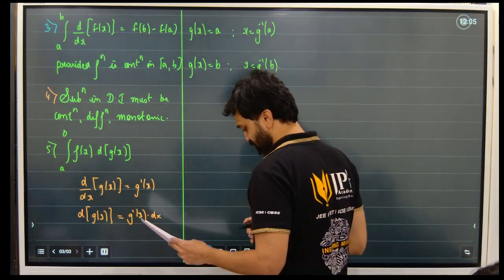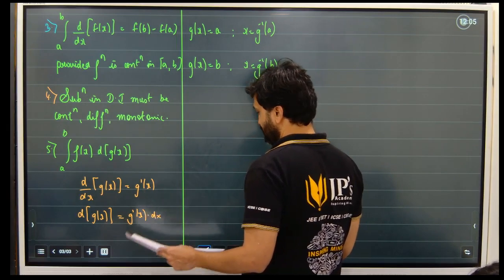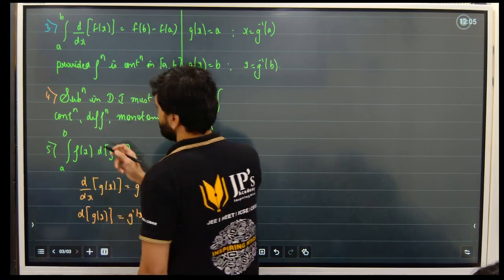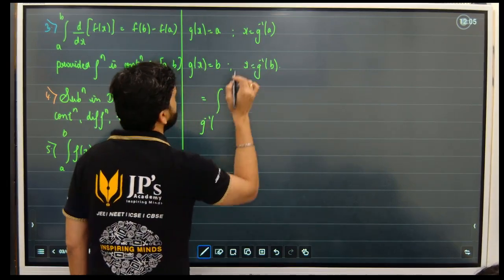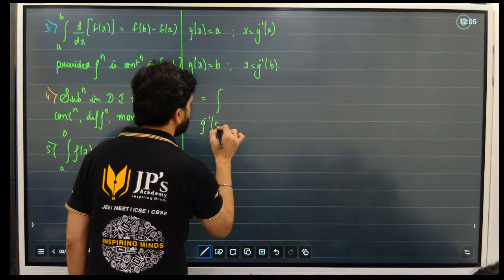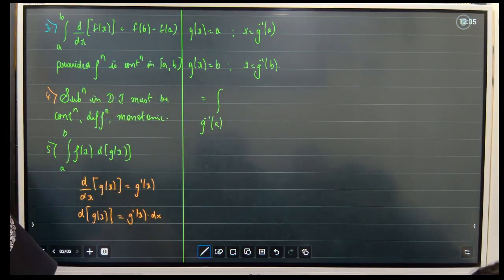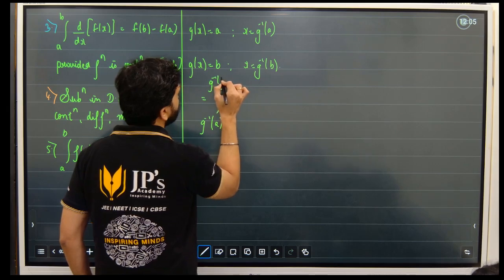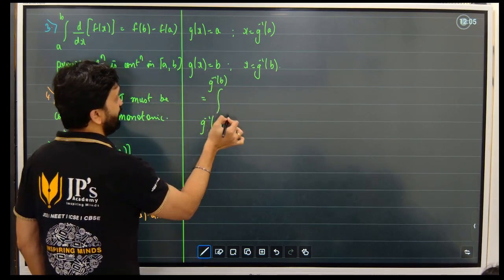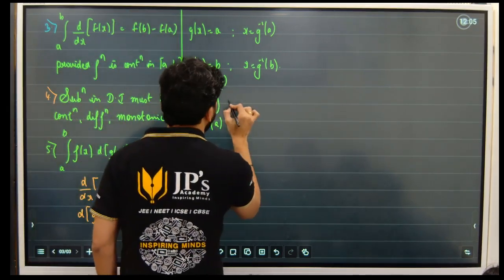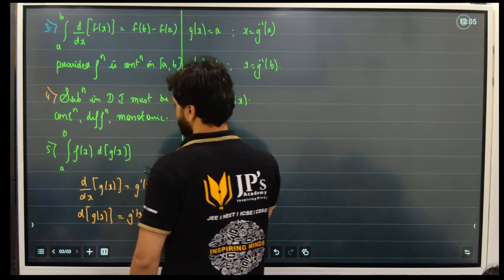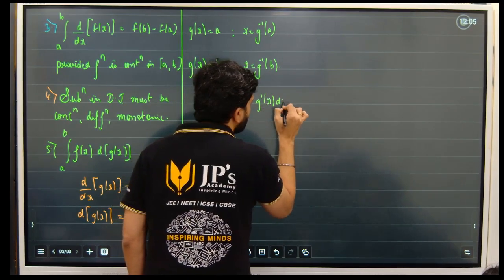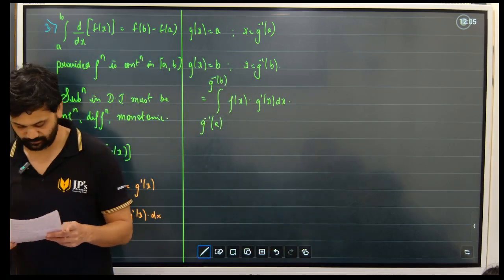So this question, now if I have to write it, I can directly write it as integration from g inverse a to g inverse b of f of x, and this will become derivative of g of x, nothing but g dash x into dx. Did you guys understand this?